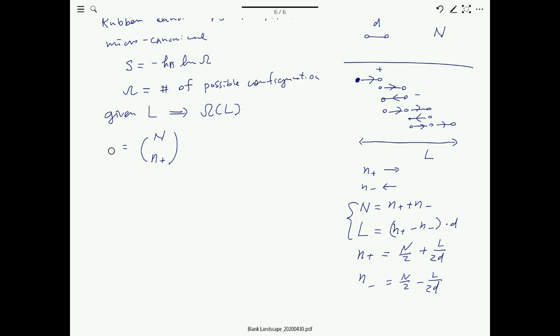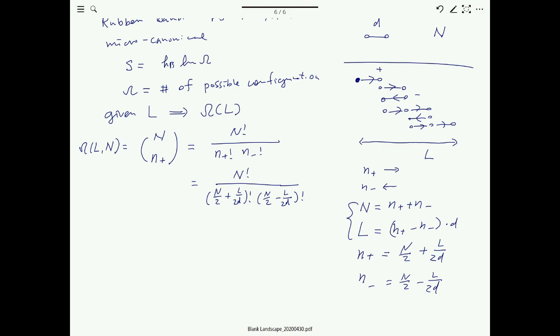So now I can think of omega as a function of L and N. And this is something like N factorial divided by N/2 plus L/2d factorial, times N/2 minus L/2d factorial.